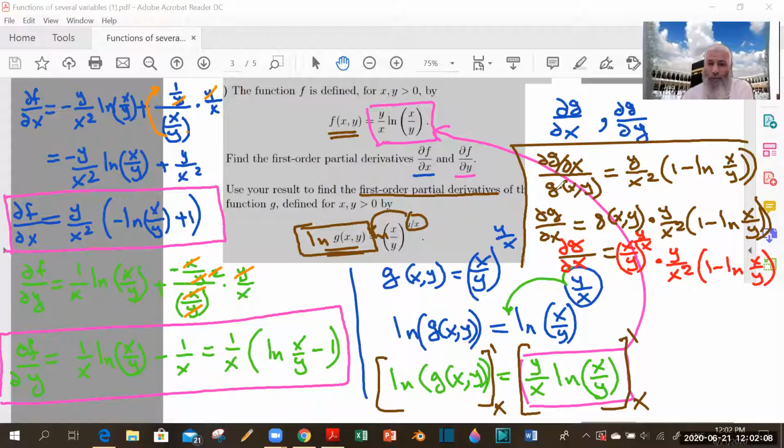We just took g of x, y to the other side in the numerator here, and we substituted g of x, y equals x over y to the power y over x, multiplied by y over x squared, multiplied by 1 minus ln x over y. That's it. This is the answer. Okay, I understood.